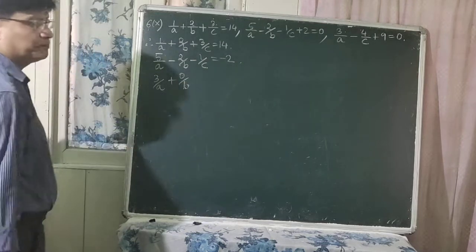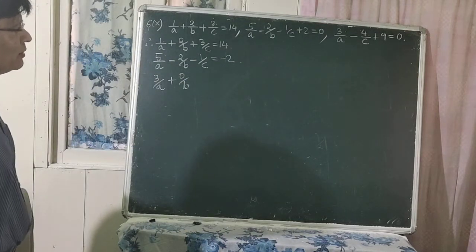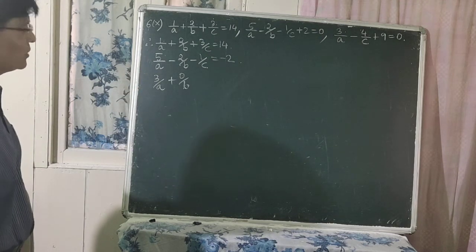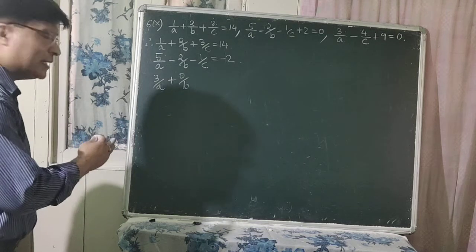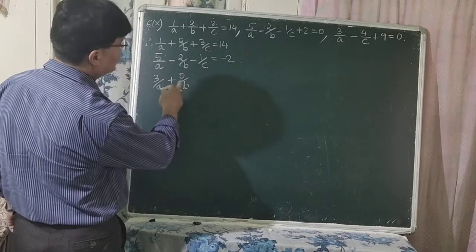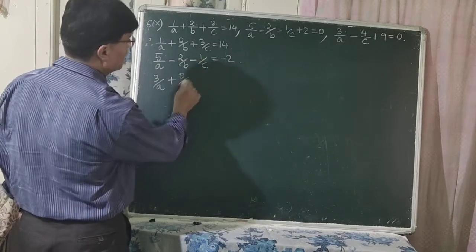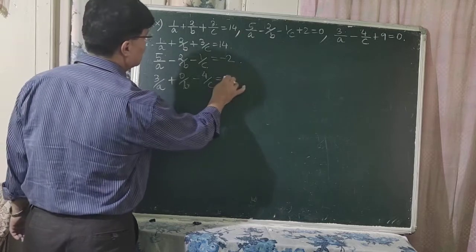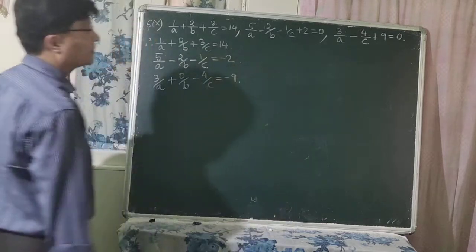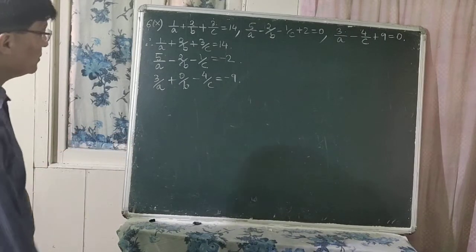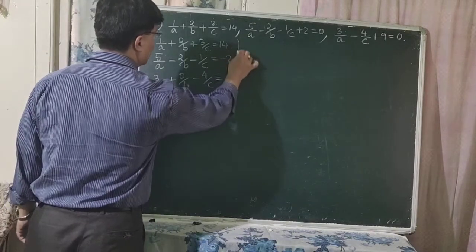Because there is no term containing the variable b, that's why we write it as plus 0 upon b. Then minus 4 upon c, and take that 9 to the right hand side, it is minus 9. Is that clear? So plus 9 constant is taken to the right hand side, so it becomes minus 9.